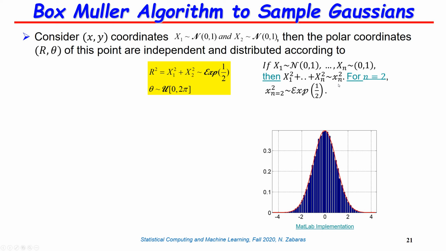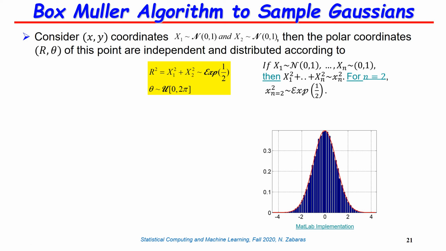And if you take two samples from the univariate Gaussian, x1 and x2, then x1 squared plus x2 squared gives you the chi-squared distribution with 2 degrees of freedom. It turns out to be the exponential distribution with parameter 1/2. So why is this relevant?